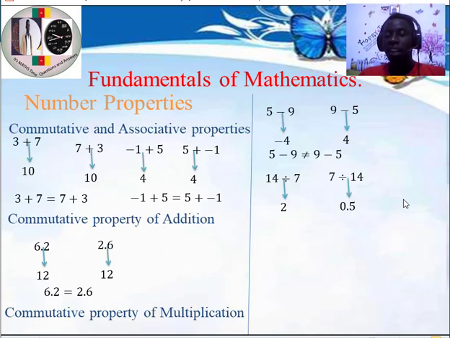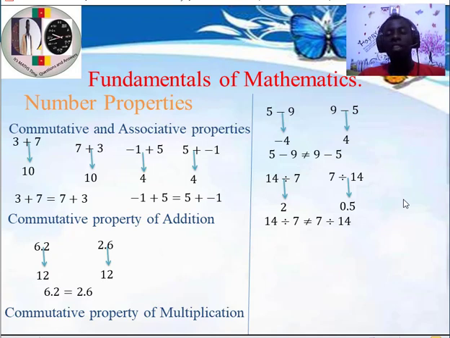So we can see that 14 divided by 7 is not equal to 7 divided by 14, and since they are not equal, we can conclude that division is not commutative. So we should be careful when dealing with division, because the order of operation matters.